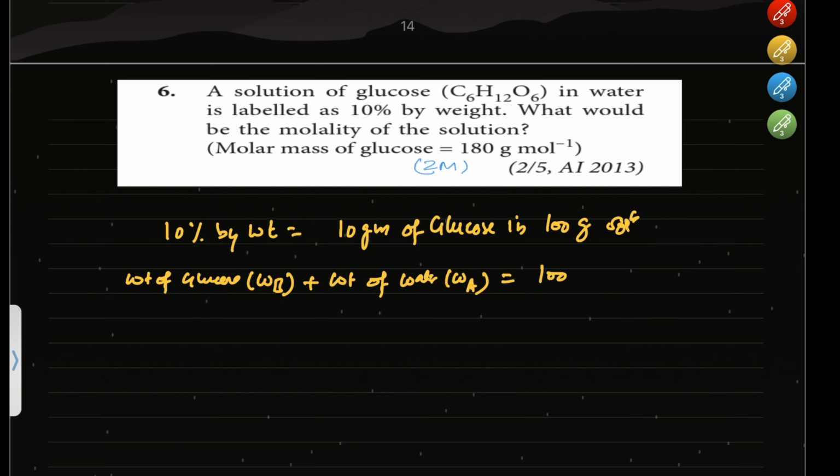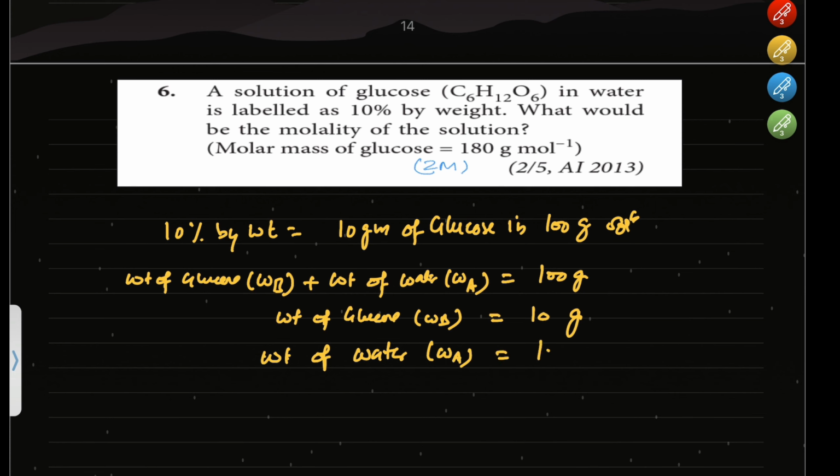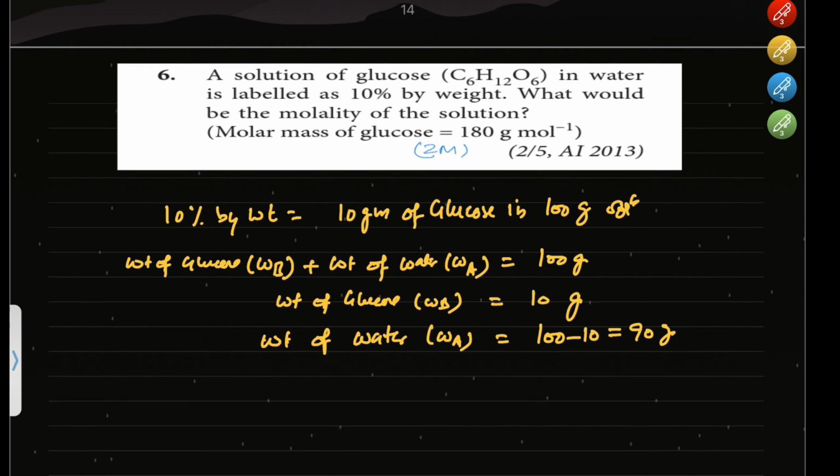That is the weight of solution. It's the complete weight. The weight of glucose plus weight of water is equal to the weight of solution. Only the weight of glucose WB is given as 10 gram. Then weight of water, that is solvent, WA is equal to 100 minus 10, that is 90 gram.